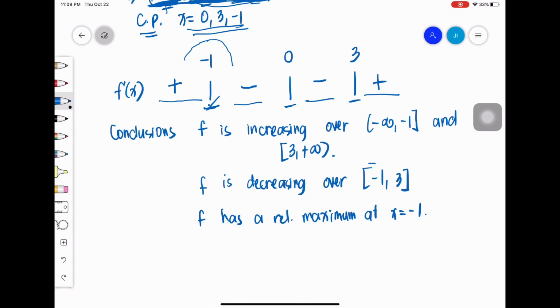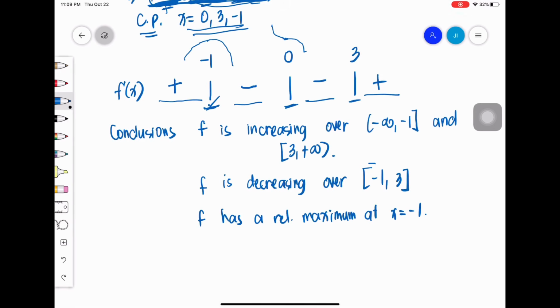Alright? How about at x equals 0? You are decreasing before x equals 0, and even after that, f is still decreasing after 0. That means f has no relative extrema at 0.